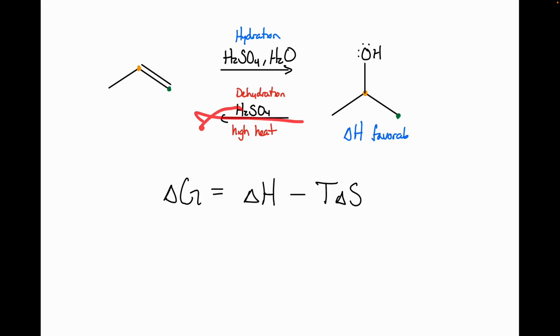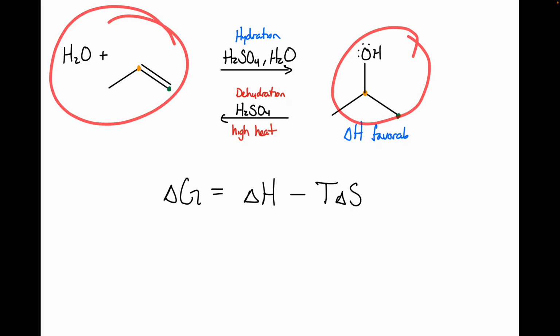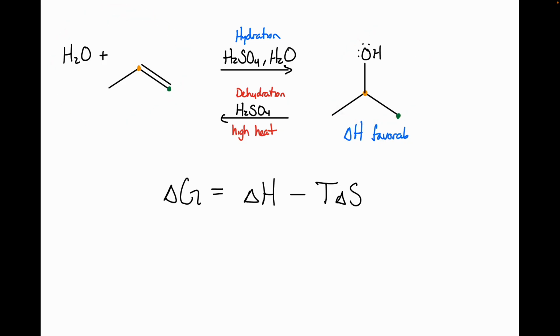So if I want to go back the other direction, I have to take advantage of the other component of delta G, the delta S. And when we're doing a dehydration reaction, we're taking something big and complicated and breaking it into two smaller parts. So this would be favorable from an entropy standpoint.